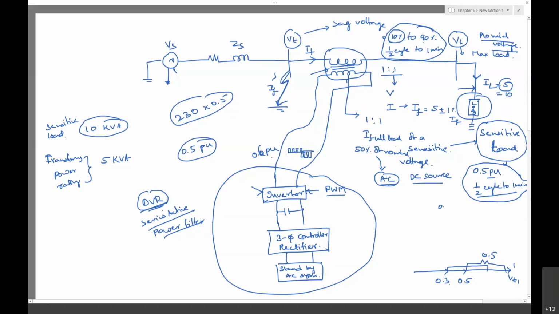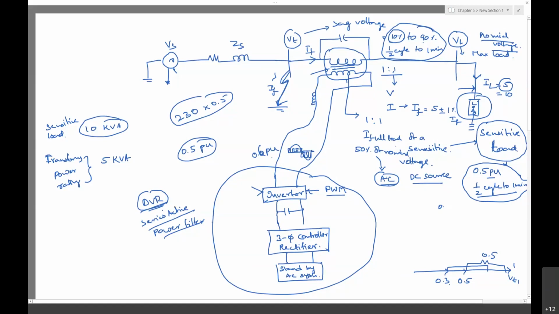In order to make a sinusoidal voltage, what can we go for? We can go for an LC filter. For that, people have gone for a capacitor on the AC side, and then an inductor over here.